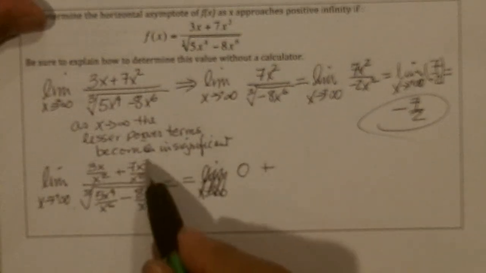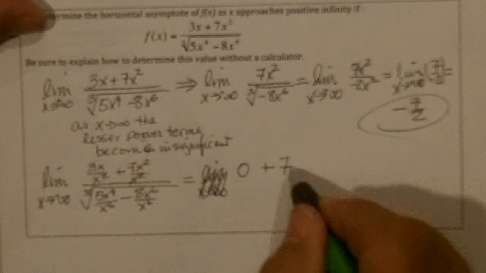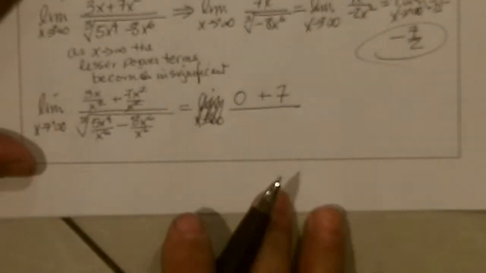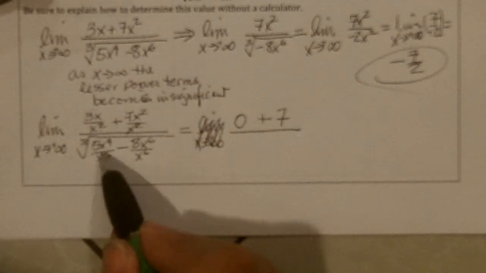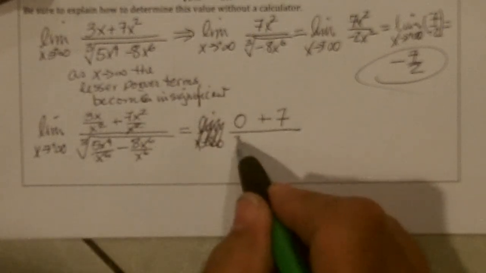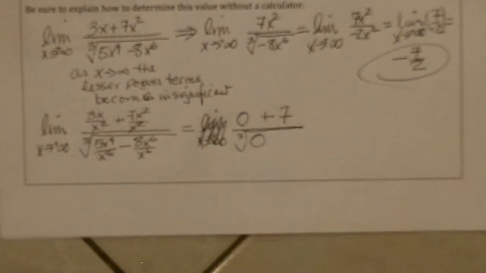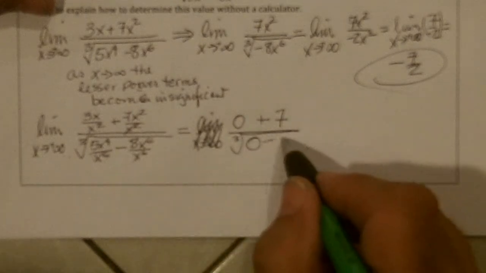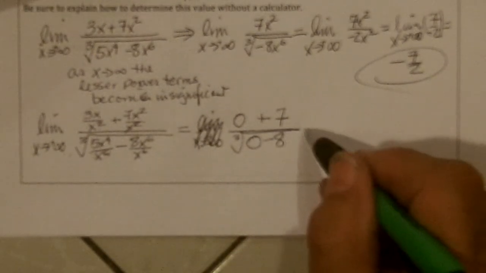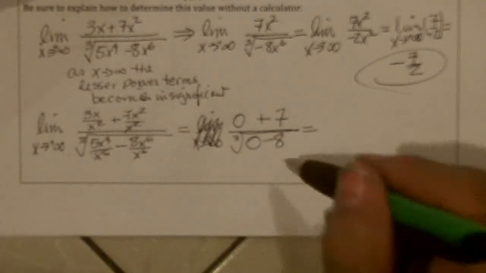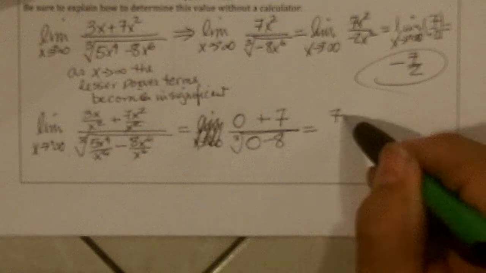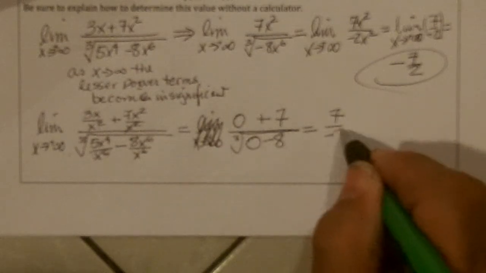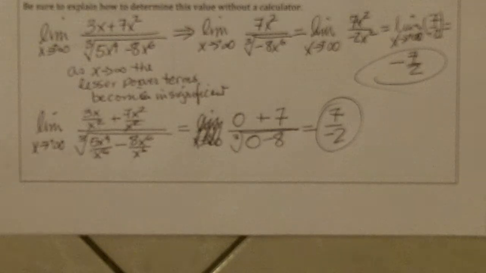Plus, these cancel, and that's just 7 over, this has a larger denominator than the numerator, so I have the cube root of 0 minus, and these cancel, so I have just minus 8. And then this becomes 7 over the cube root of negative 8, which is negative 2. That's number 9, done 2 different ways. And now we'll do number 10.